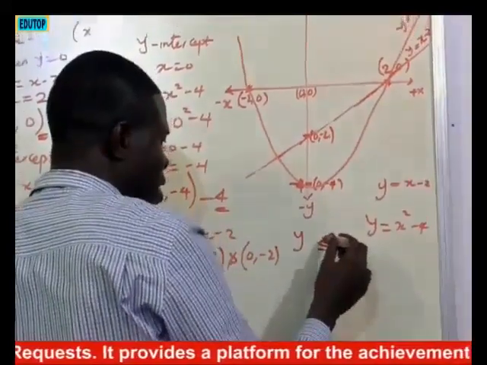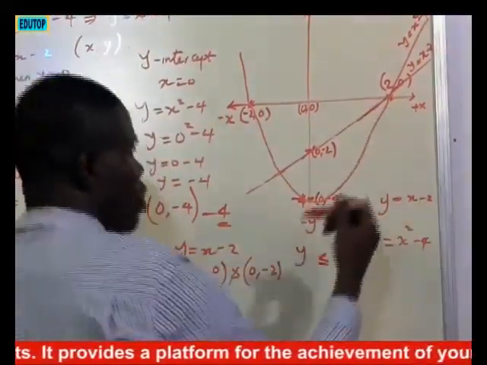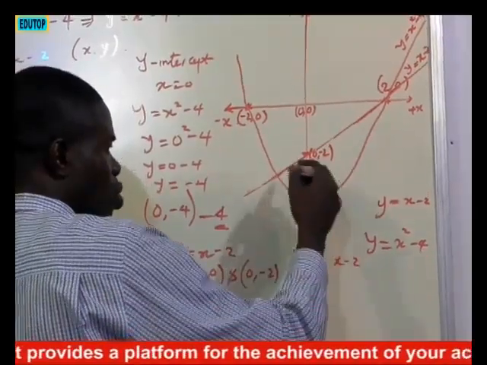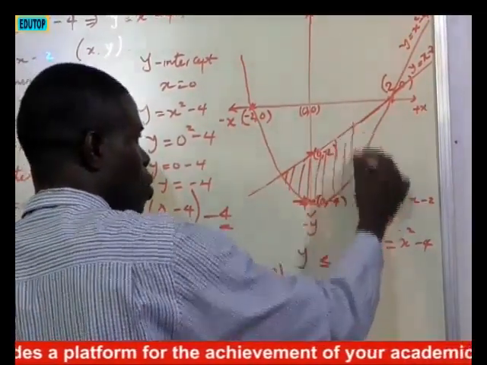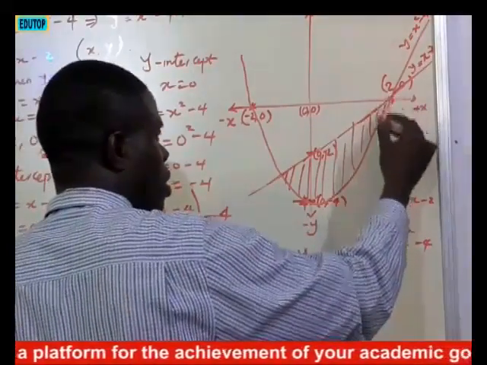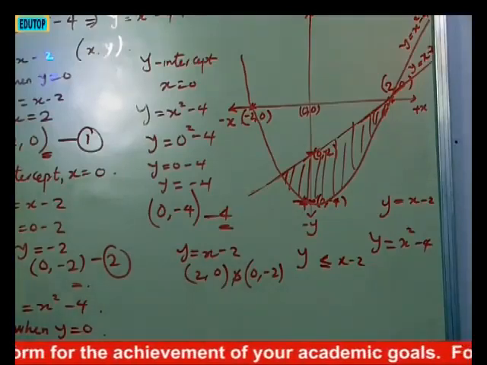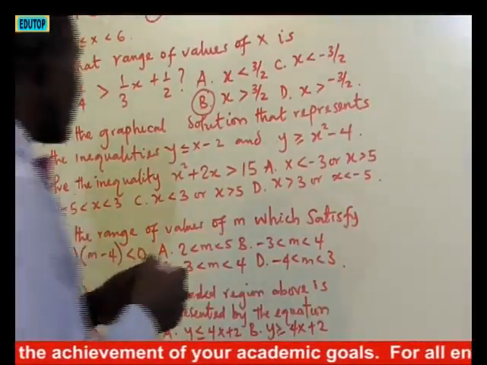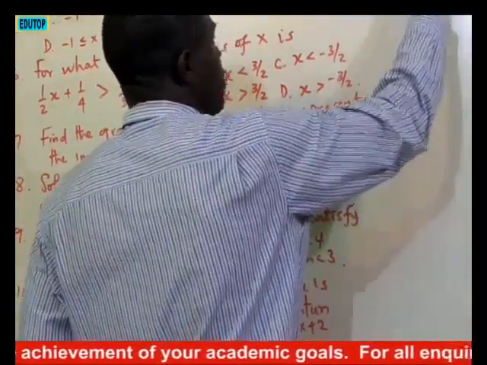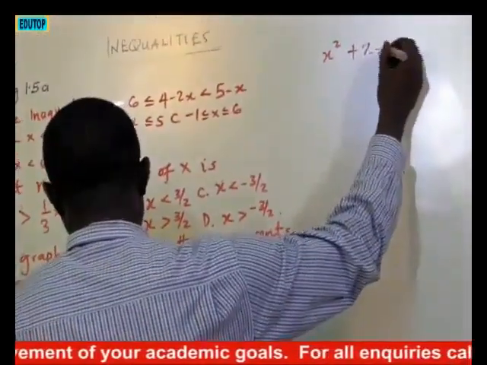So since it is less than or equal to, the region below will be shaded. So look at how I'm going to shade. I will shade this region because it's less than or equal to. And that is the solution to question 7. Now look at question 8. It is just a bit tricky in the sense that your constants were taken to the other side.